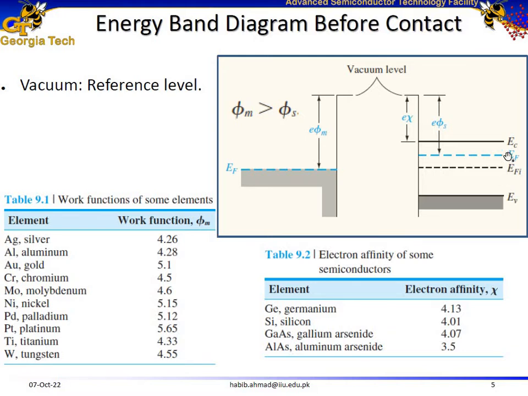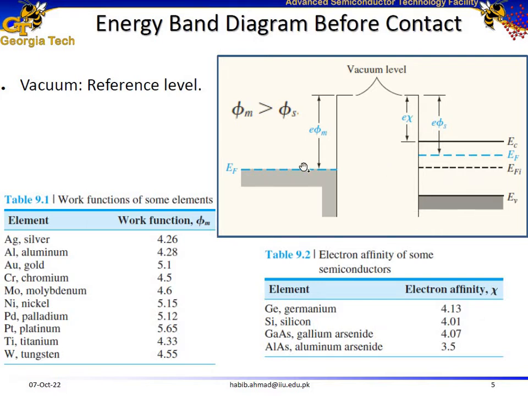And if we dope it n-type, it's going to be close to the conduction band. And depending on the doping, if you dope it higher, it's going to be closer and closer to the conduction band. So the work function for a semiconductor is going to depend on whether the material is n-type or p-type, and also on the doping of the semiconductor material.